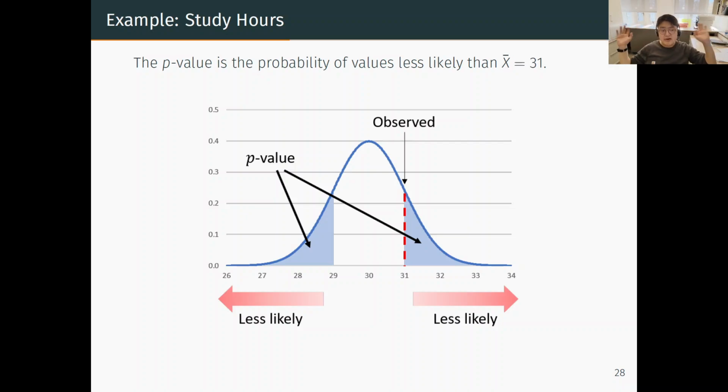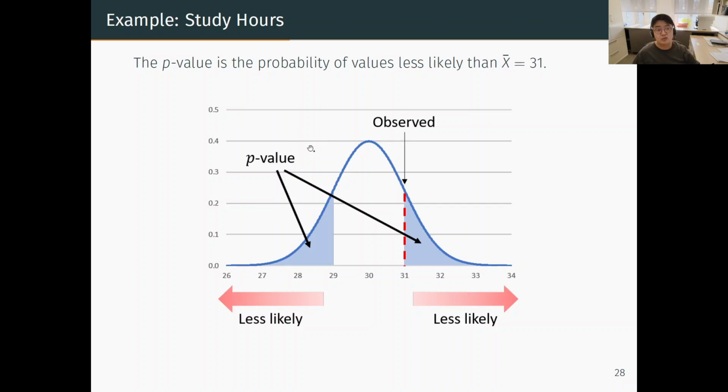Positive side and negative side are equally unlikely, so the ranking is double counted from both sides. Okay, so this probability is the area outside 29 and 31. So that area is the probability of more unlikely outcomes. That is the ranking of the suspiciousness of the observation.